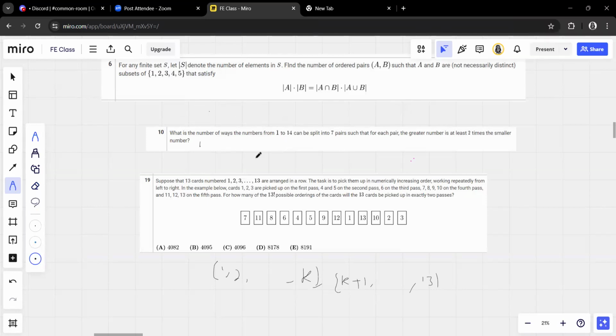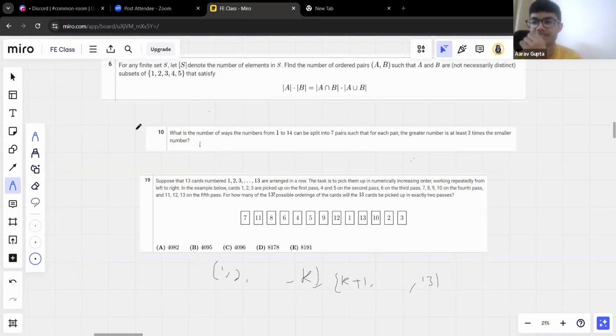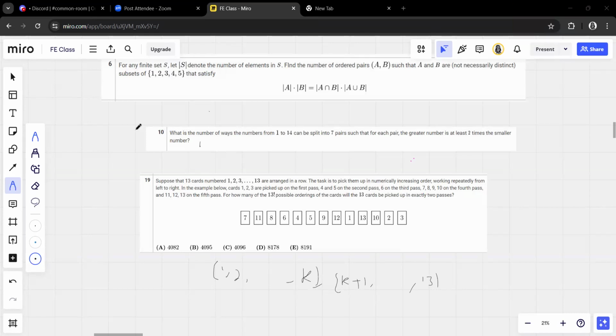First, the numbers 1 to 6 have to be connected to numbers 8 to 14, because 8 to 14 can't be connected to another number in 8 to 14. So every number in 8 to 14 must be connected to a smaller number.